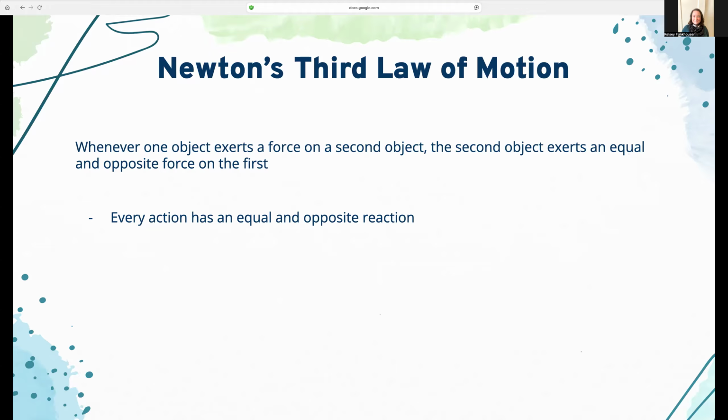And the stake would just be sitting there if there wasn't a hammer to hit it. So those do feel like we have an actor and a reactor. But not all situations work that way. And in general, those forces are happening at the same time. So don't worry about which one is an action and which one's a reaction. What you want to worry about is which forces go together.